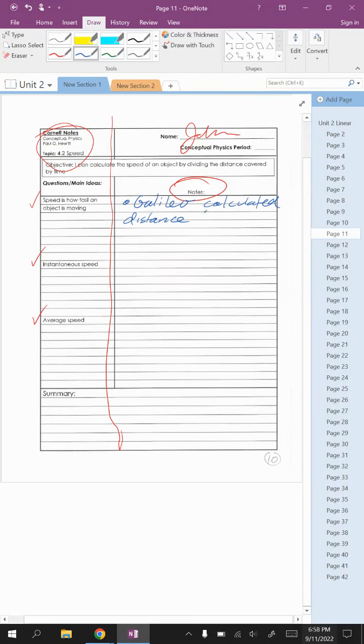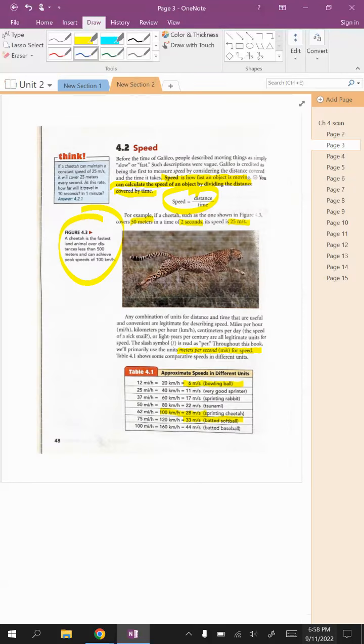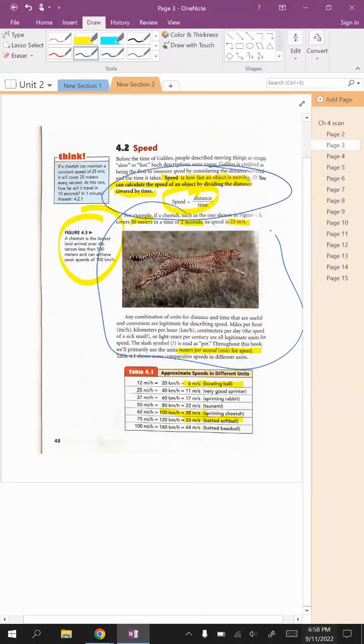Distance over time. You could write about the SI units, our meters per second, and some of the things I highlighted would be a good thing to put in my notes on the details, okay?